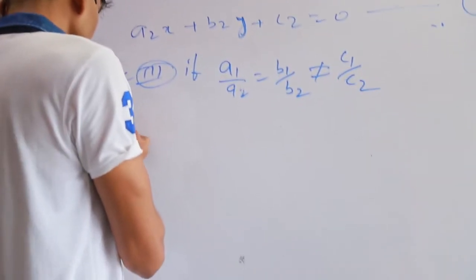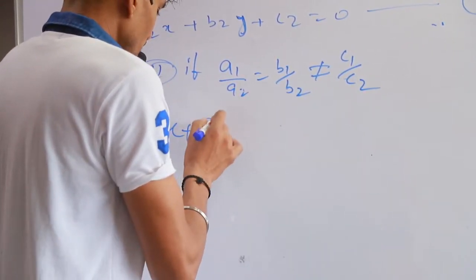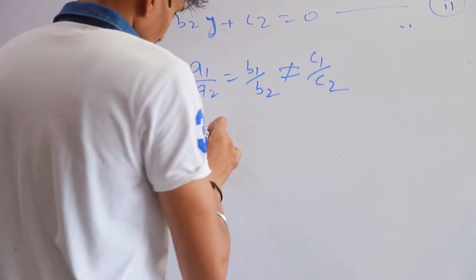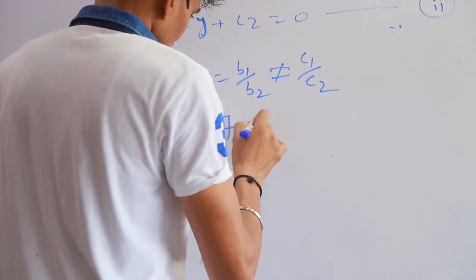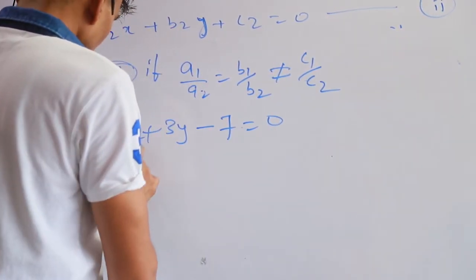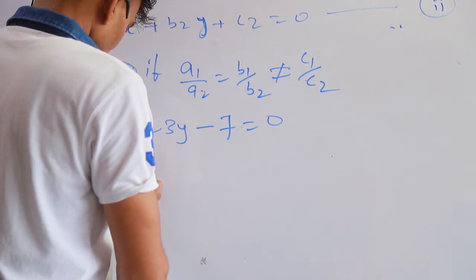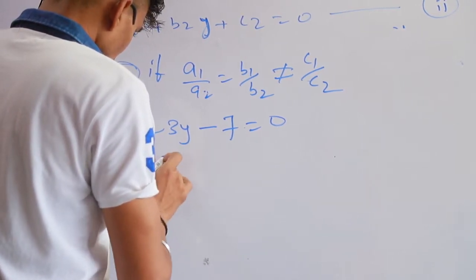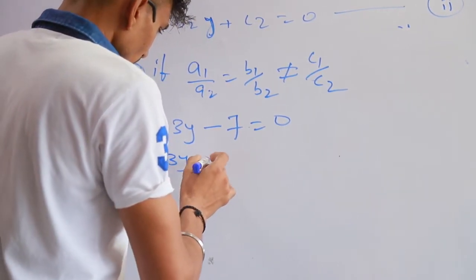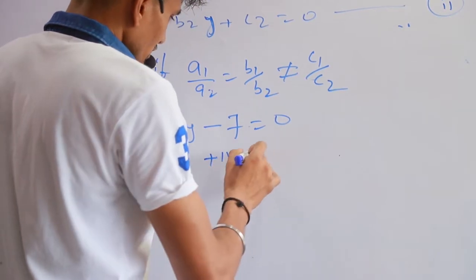Example: 2x plus 3y minus 7 is equal to 0, and 2x plus 3y plus 14 is equal to 0.